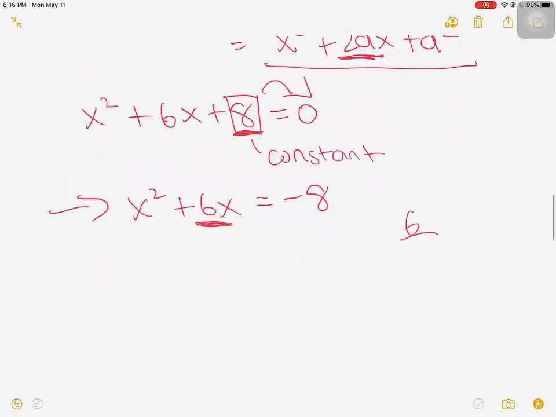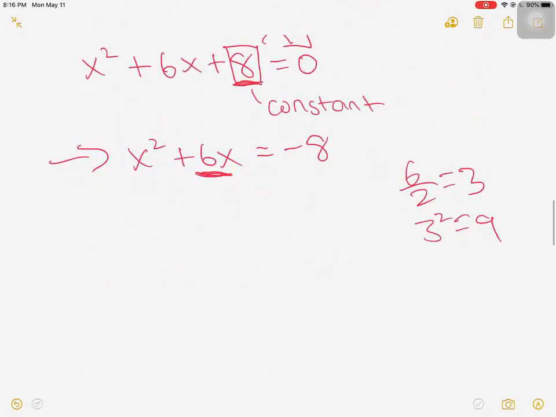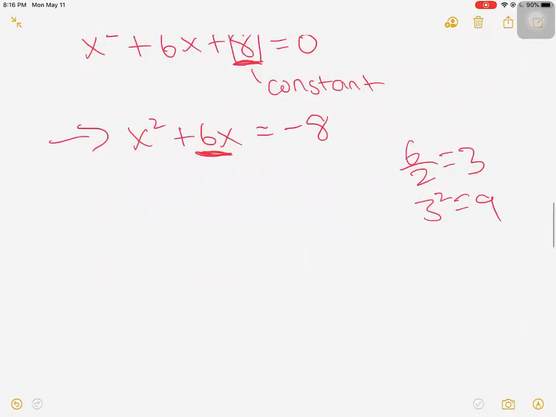So 6 over 2 is equal to 3, and then 3 squared is equal to 9. So to form our perfect square quadratic, we want to add 9 to both sides. So we would get x squared plus 6x plus 9 is equal to 1.